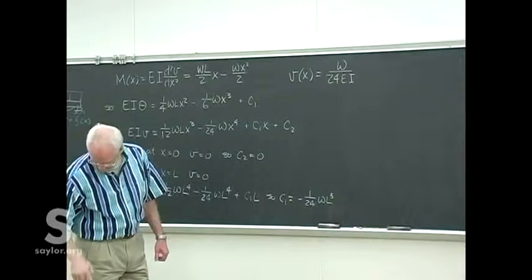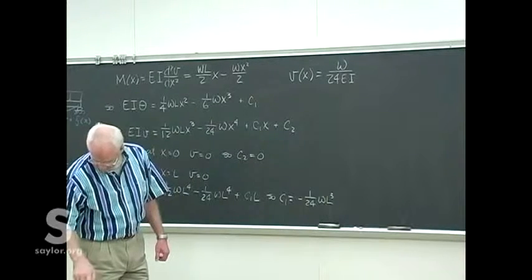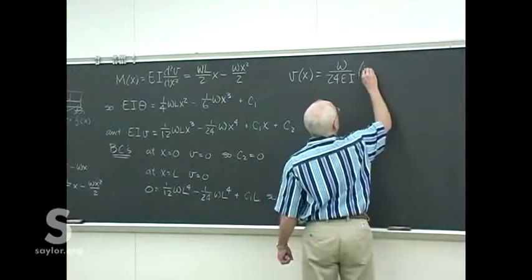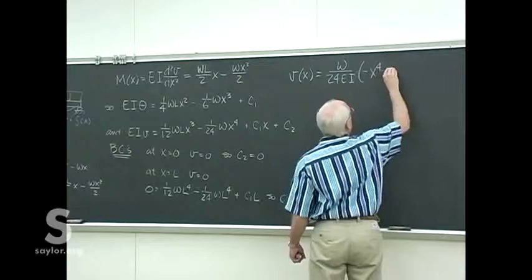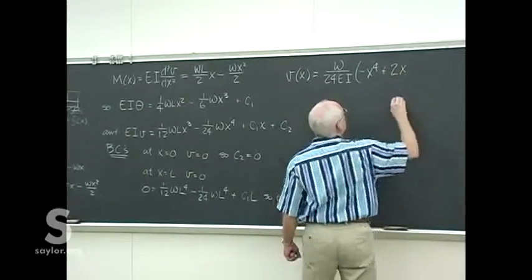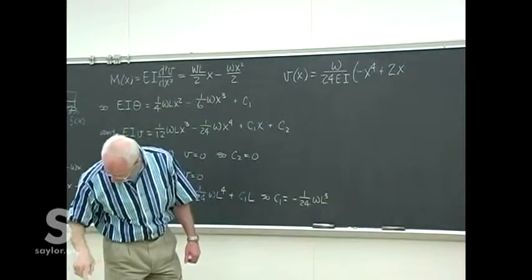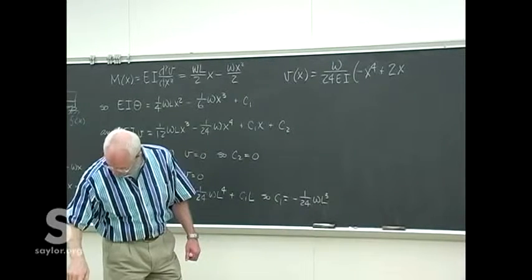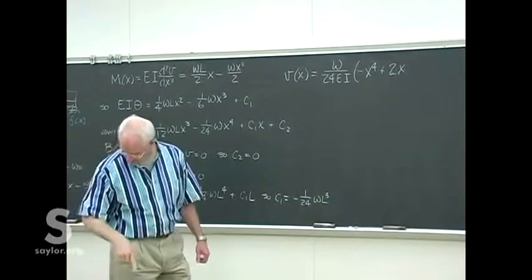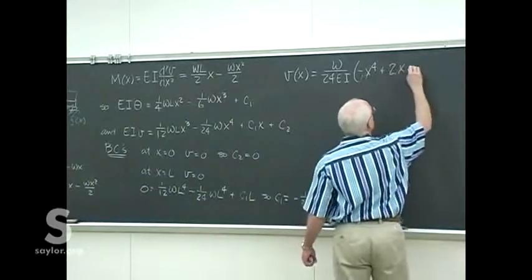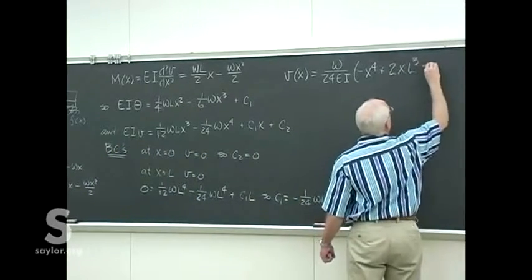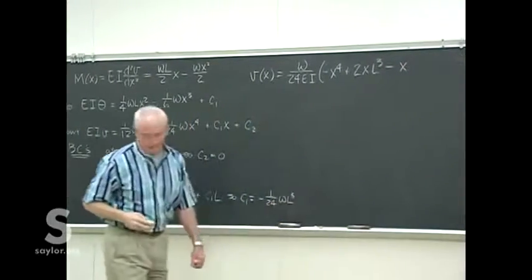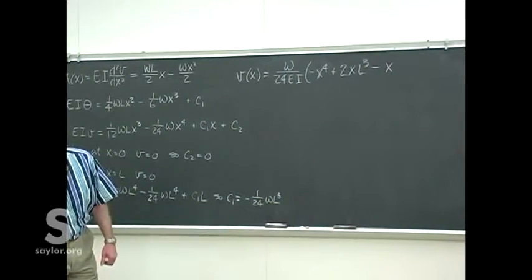times minus x to the fourth plus 2xL cubed. No, plus 2Lx cubed minus, yeah, plus 2Lx cubed minus x L to the fourth.